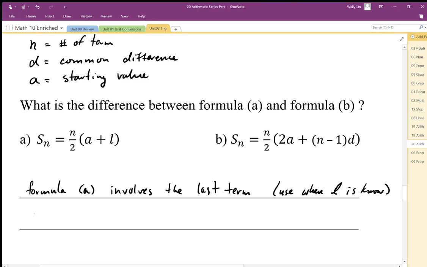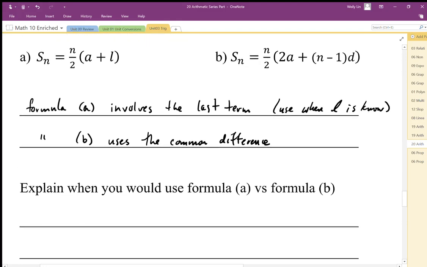Formula B uses the common difference, and we use this one when we know the common difference.